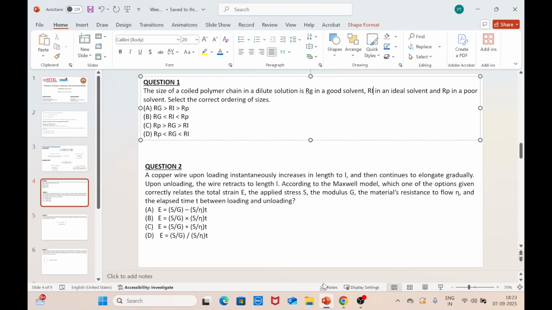So based on this, we can come to an idea that Ri will be something in between Rg and Rp. Now we just need to know which one will have a larger size and which one is going to have a smaller size.